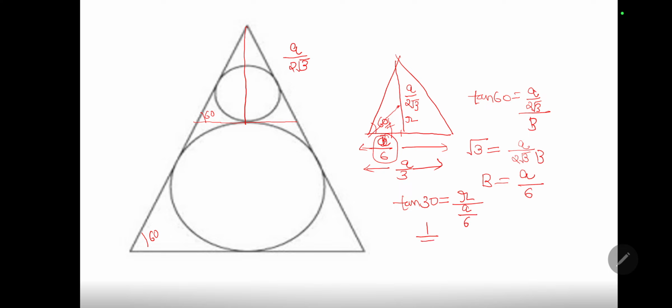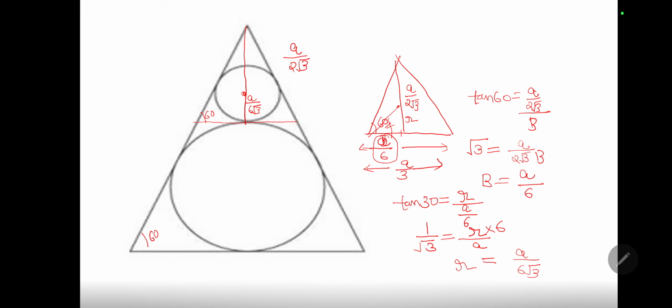Tan 30 is 1 by root 3. Radius upon a by 6, so my radius would be a upon 6 root 3. Any problem? So I found out the radius as a by 6 root 3.